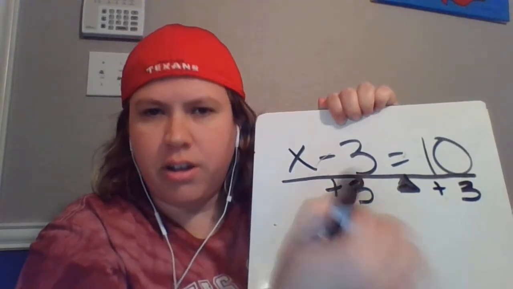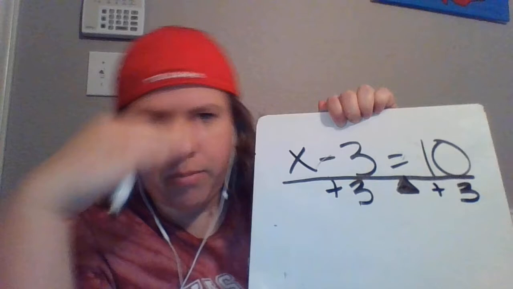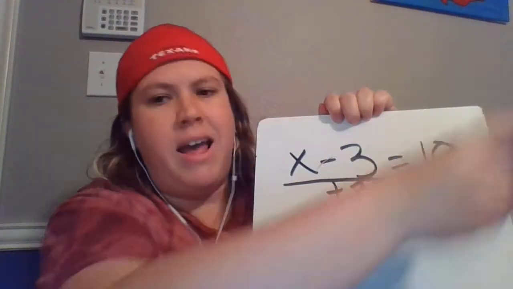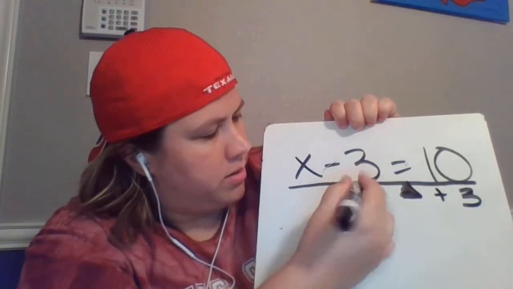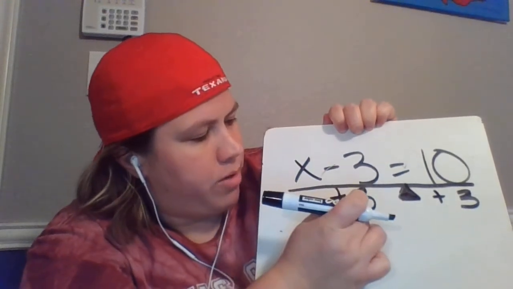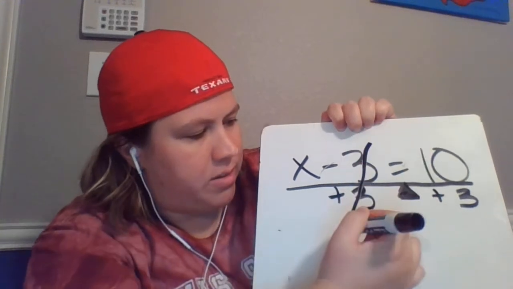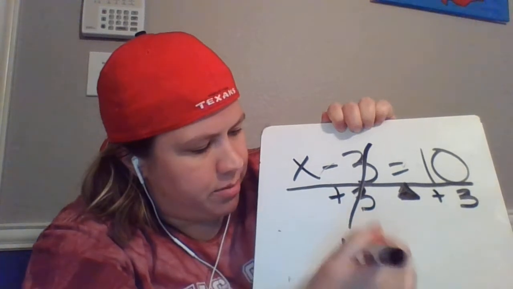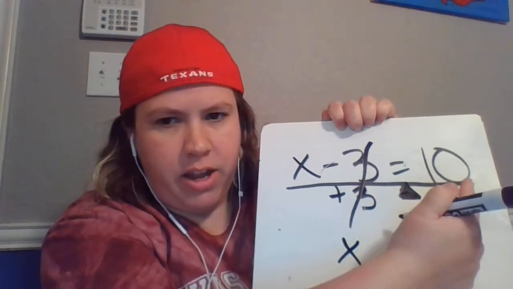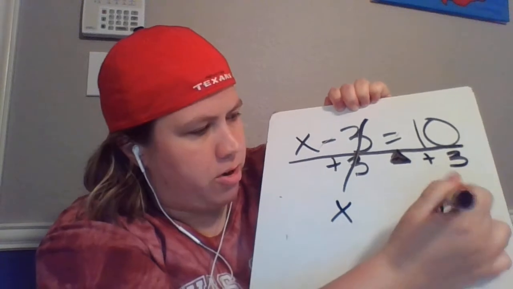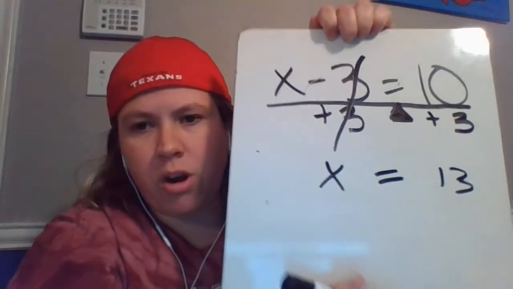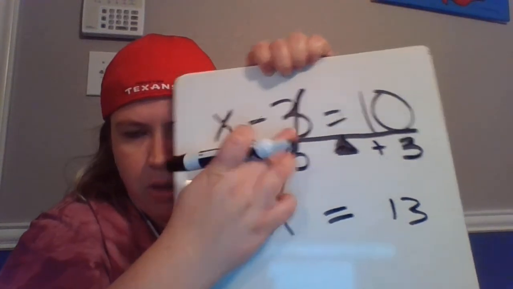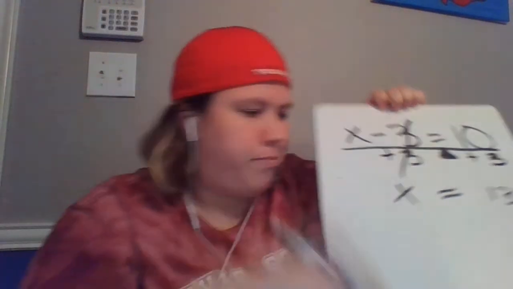It's like if I had kids on a balance: if I add 3 onto this side, add 3 onto that side. Keep it balanced. So a -3 and a +3 get me 0, so we say it cancels them out. Then on this side, what's left is just the x by itself. And over here, I have 10 plus 3, which gets me 13, which is what some of you were already thinking in the first place, that 13 has to go here because 13 minus 3 equals 10. Perfect. Beautiful job.